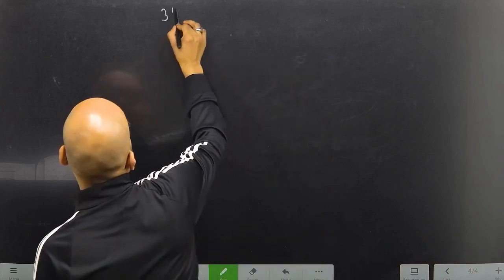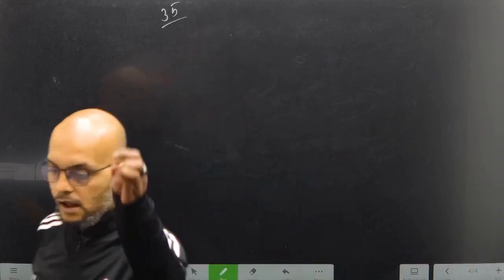Next question. So now two flasks are connected.